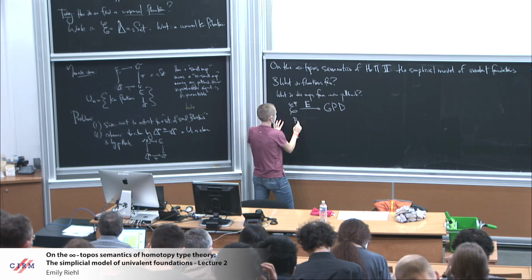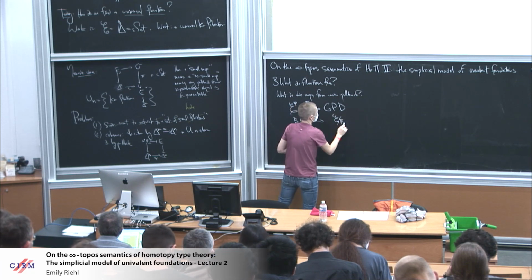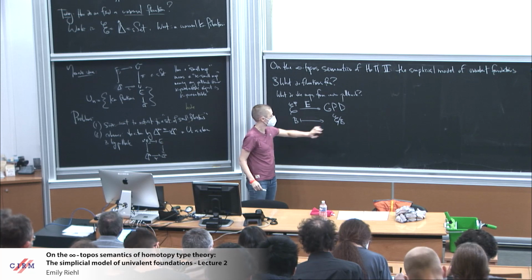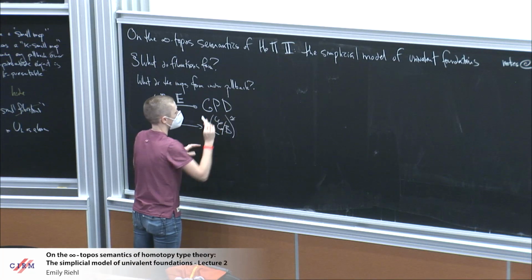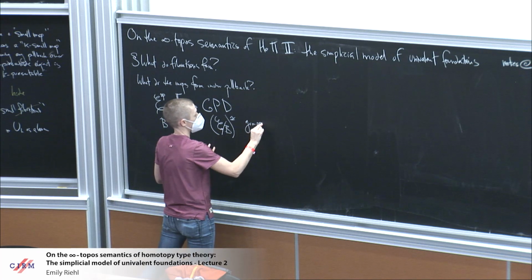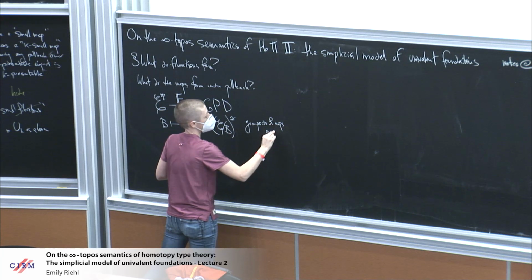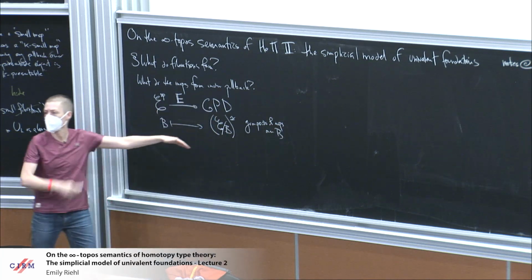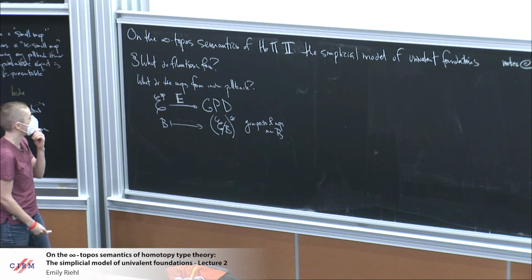It sends an object B to the slice category, except I'd prefer to take a groupoid, so I'm going to take the groupoid core: the groupoid of isos over B, the groupoid of maps over B. So these are all morphisms with codomain B and isomorphisms between the fibers that commute with the base.